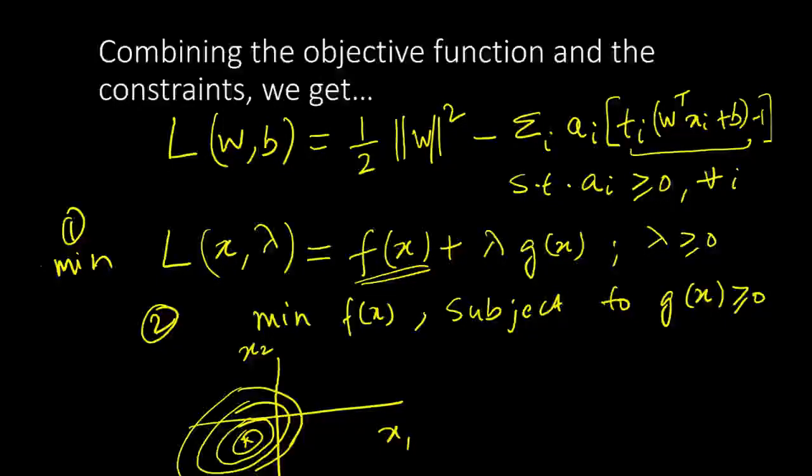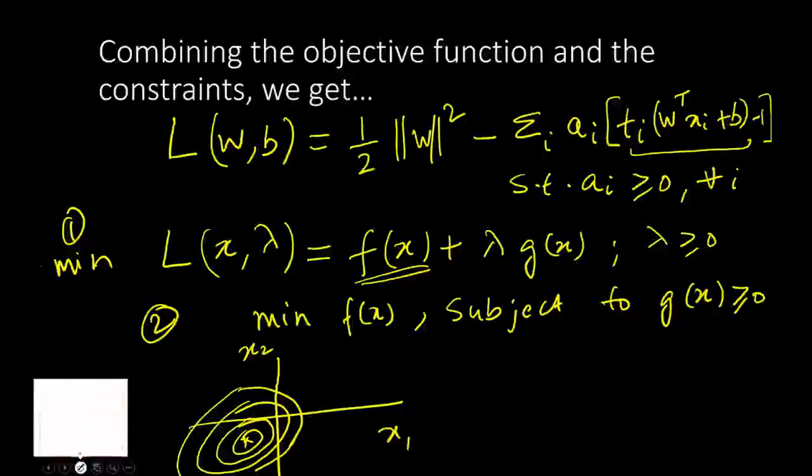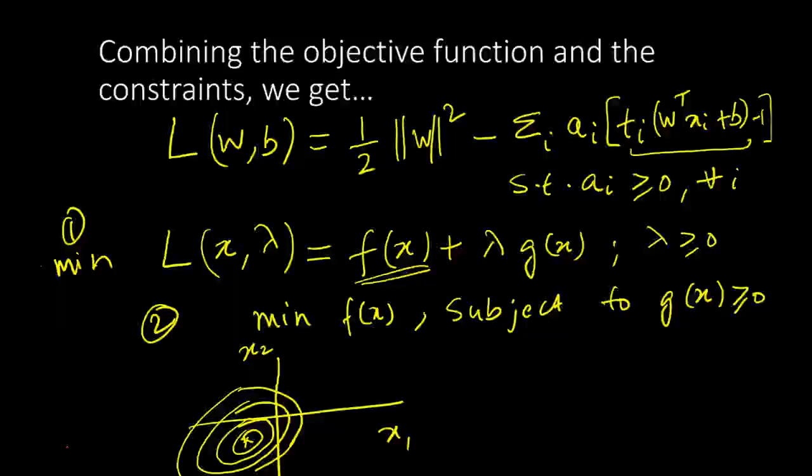And what we want is g of x to be greater than or equal to 0. So now let's change the color and draw the boundary of g of x equal to 0. This side of the boundary is g of x greater than or equal to 0. The other side is g of x less than or equal to 0.